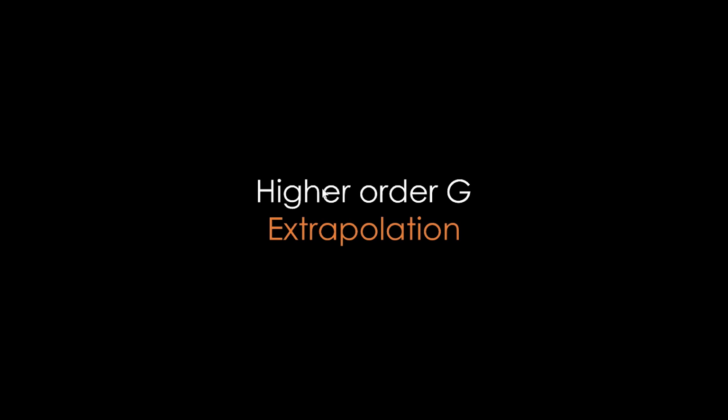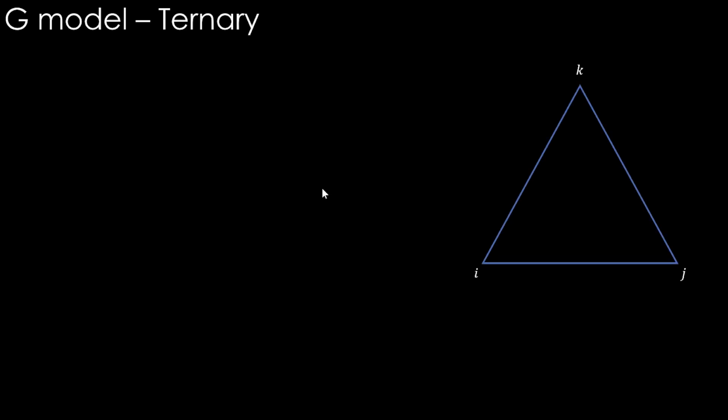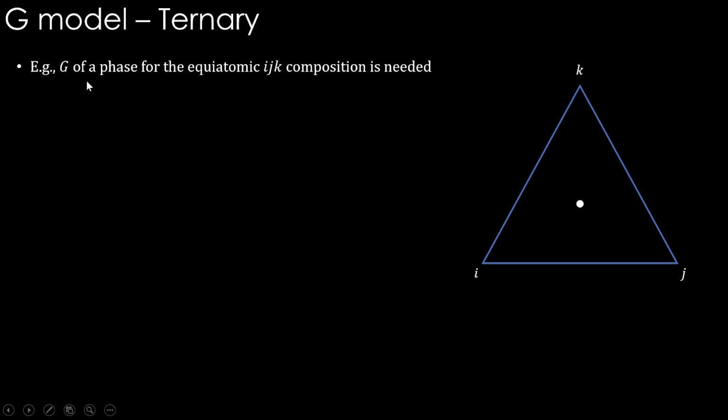Now let's look at higher order Gibbs energy terms, how they come from extrapolation. It's a very important idea. Let's think about a ternary phase in an IJK hypothetical system, and this is the composition where we need the Gibbs energy for a phase, let's say. For example, G of a phase for the equiatomic IJK, all three equal in amount.